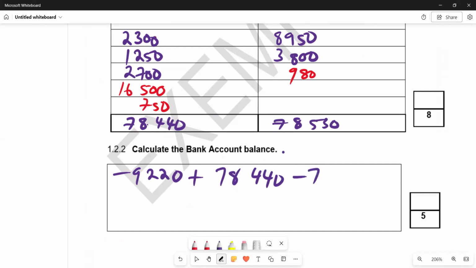And for payments, it's a negative 78,530. So let's try to calculate it as such and see what we get. So you are starting with a negative 9,220. And then you add your 78,440. And then you subtract 78,530. And then you are going to get your, let's just try to see what we get there.